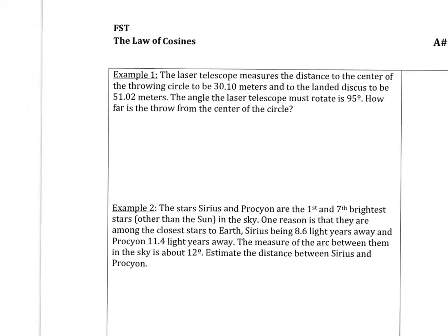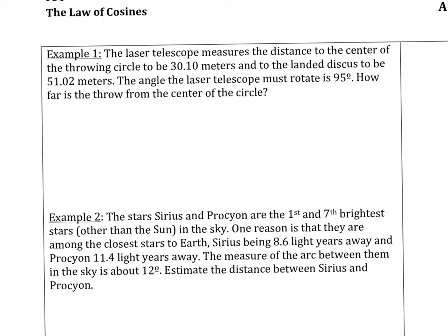So let's look at an example that's probably easiest for us to do. The laser telescope that measures the distance to the center of a throwing circle measures it to be 30.1 meters. And to the landed discus to be about 51.